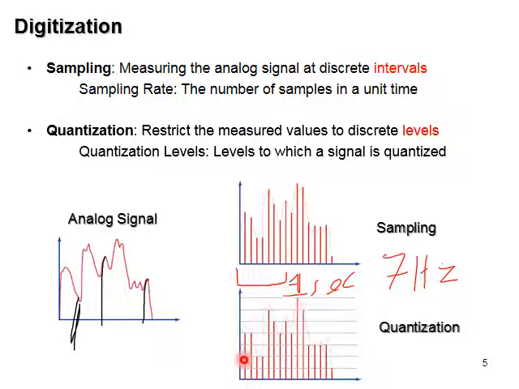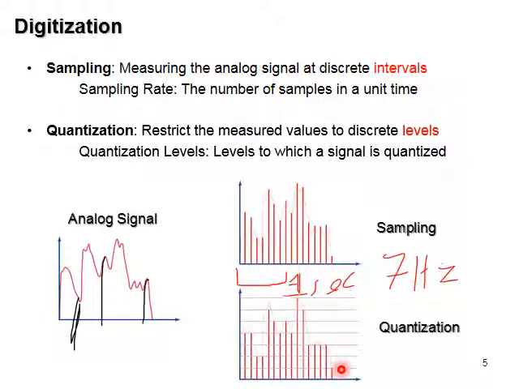Imagine that instead of 8 quantization levels, we had 16. Most probably you would have had a quantization level in between these two, which would be a better representation of that sample, because the value is in between these two predefined levels. So as you increase the number of quantization levels, you get a better representation of the signal.